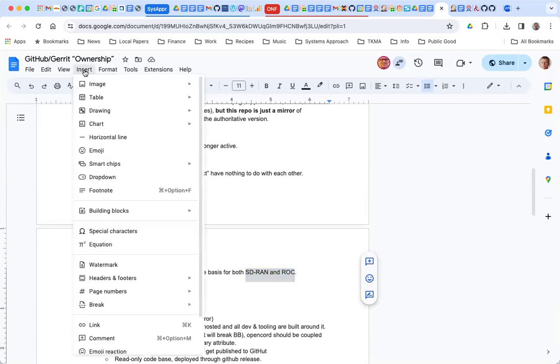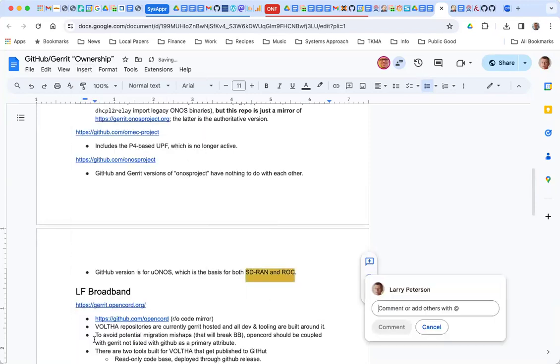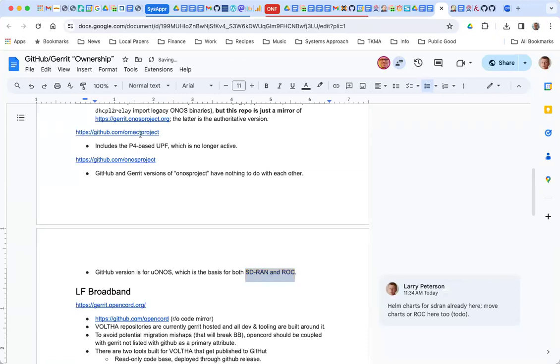All right, these are good. I'm just going to put these in here as comments. Helm charts for SD-RAN already here. Move charts for ROC here too. And then it makes sense up here.